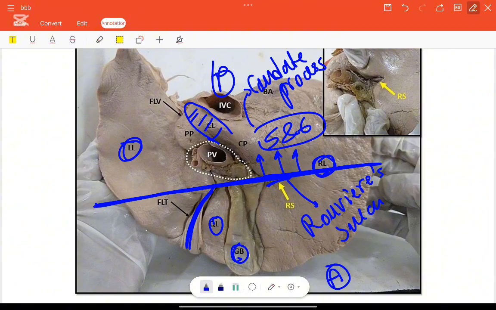When you dissect behind this line, that's the area of the common bile duct and porta hepatis structures, so you may injure that. Whereas dissection in front of this line will be safe because that's gallbladder and cystic duct. So it's used as a landmark. It's present in 80% of people, so we're lucky.